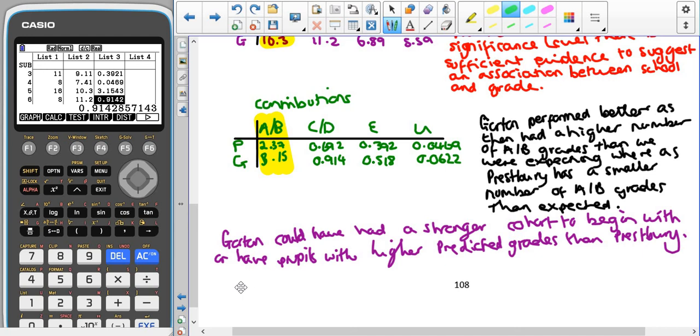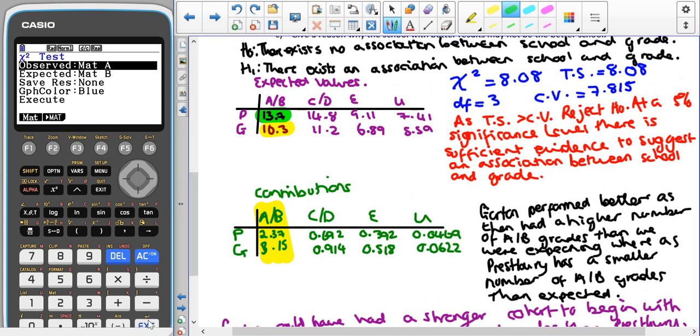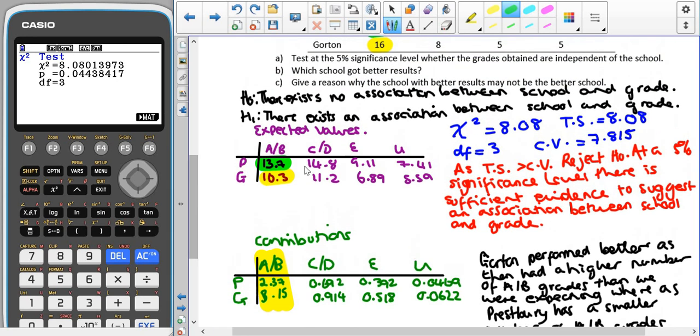I just want to point out one more thing. If I just go back into where I originally got my chi-squared one from the two-way table, you can see that not only do we have this chi-squared, but we also have a p-value. Now, what that p-value tells us is the probability that we get this number at random. And as you can see here, our p-value is less than 5%.